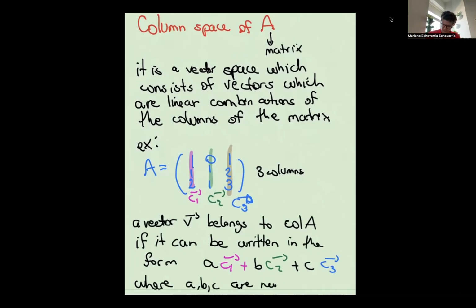So basically, what that means is that in order for the vector to be in the column space, it has to be possible for it to be written as a linear combination of the columns. Okay?